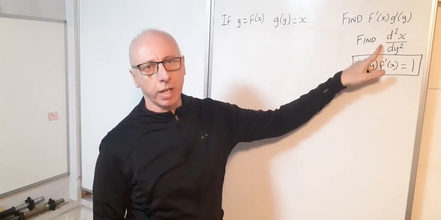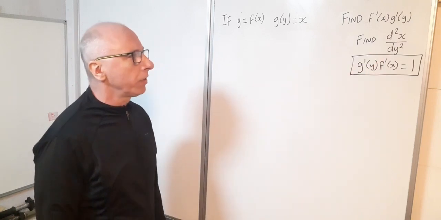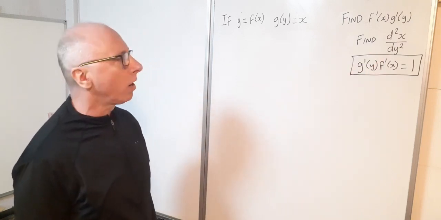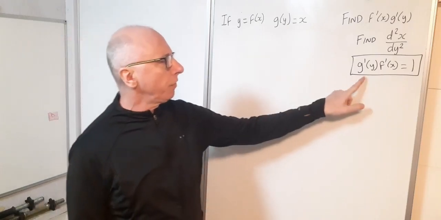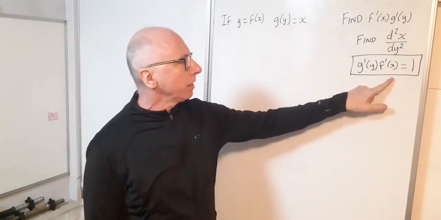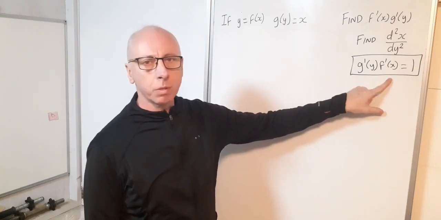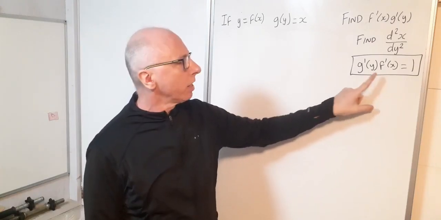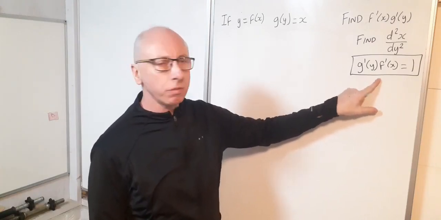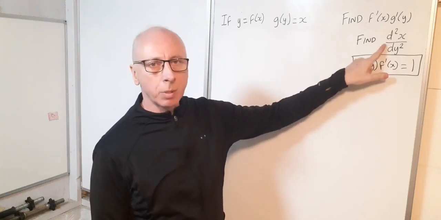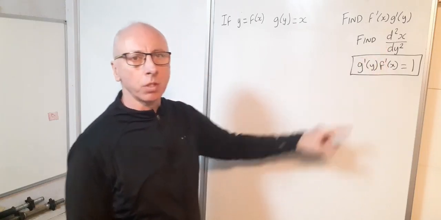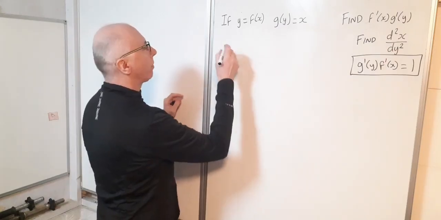Now we want this one here. So here we want the second derivative of x with regards to y. Now how can we represent that? Well, here we've got our first derivative and that gave us the same result whether with respect to x or with respect to y. So I can use that, take the derivative of that, and then I can represent this. So that's what I'm going to do. So let's take the derivative of that.